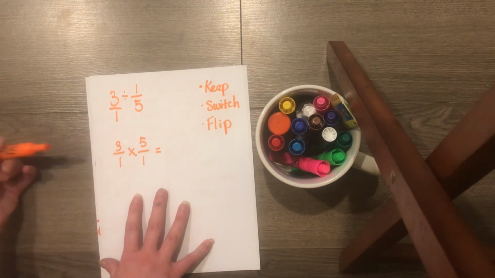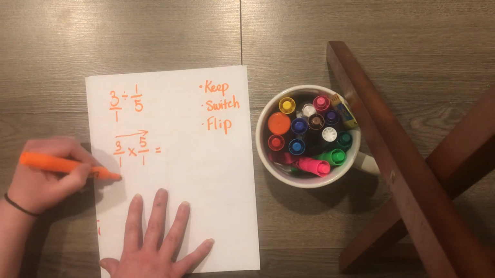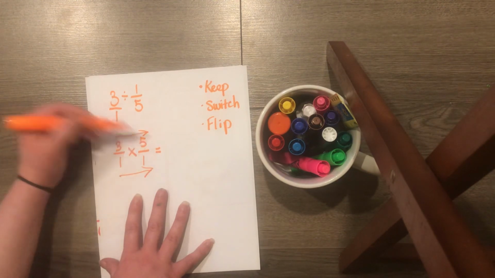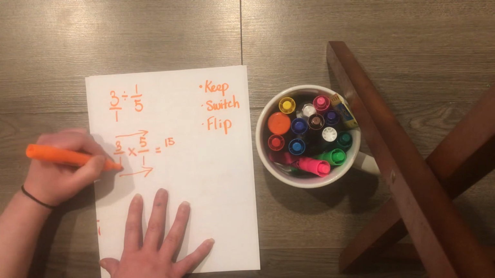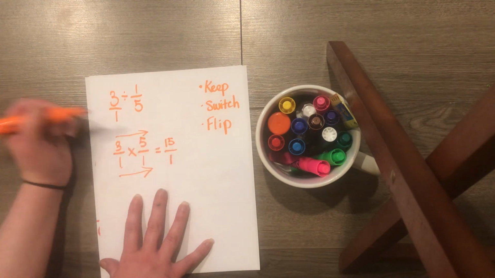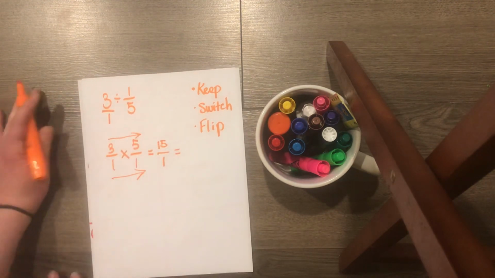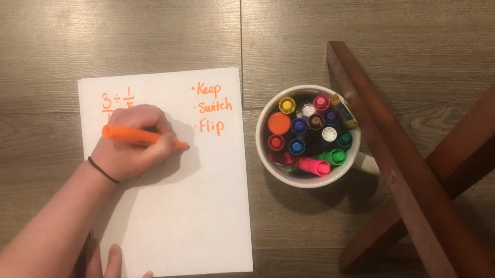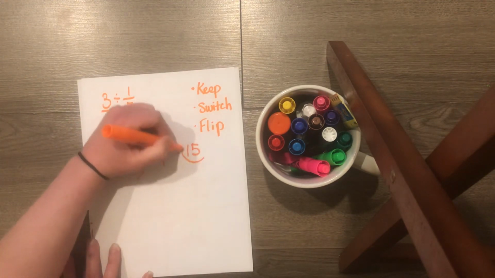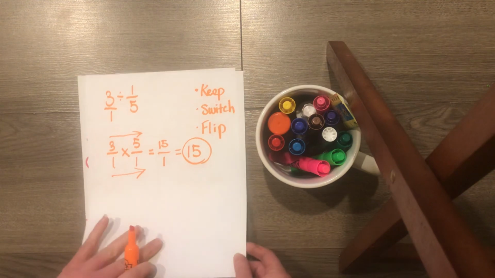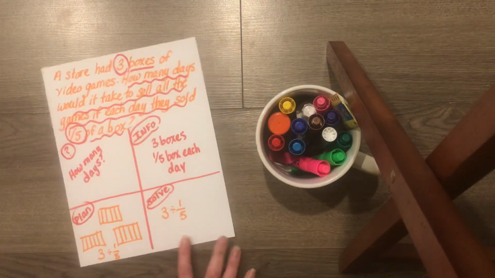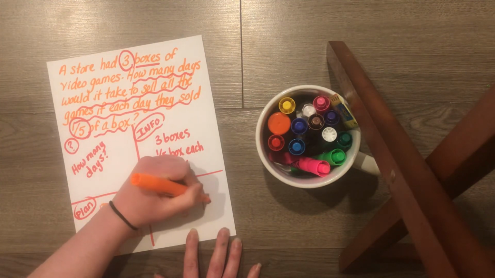Now it's time for us to multiply on through. 3 times 5 is 15. 1 times 1 is 1. And this being an improper fraction, we're just going to turn that back into a whole number. And so our answer is 15. Let's take a look back at our question and see if that answers it appropriately.